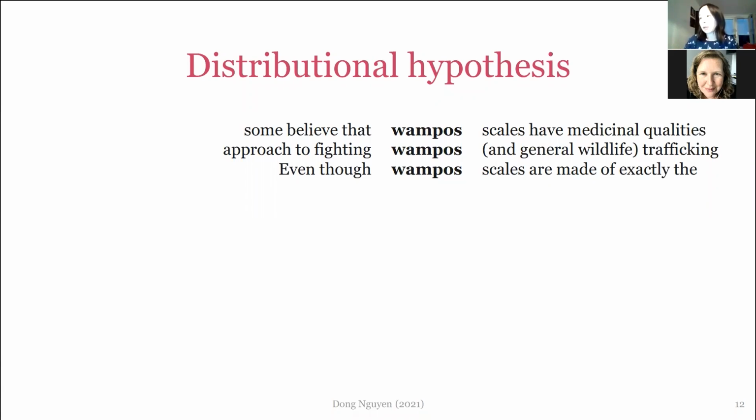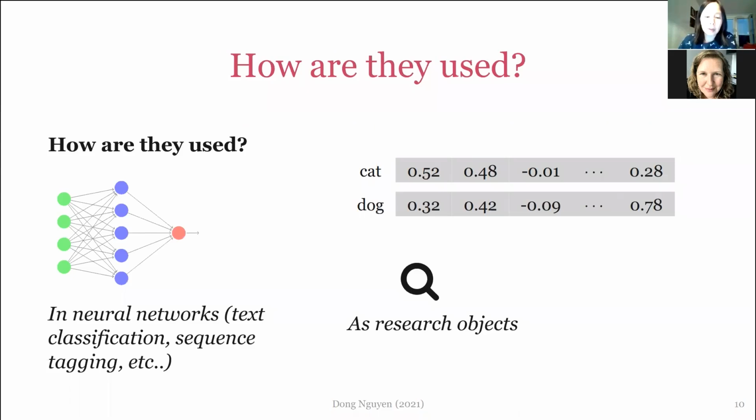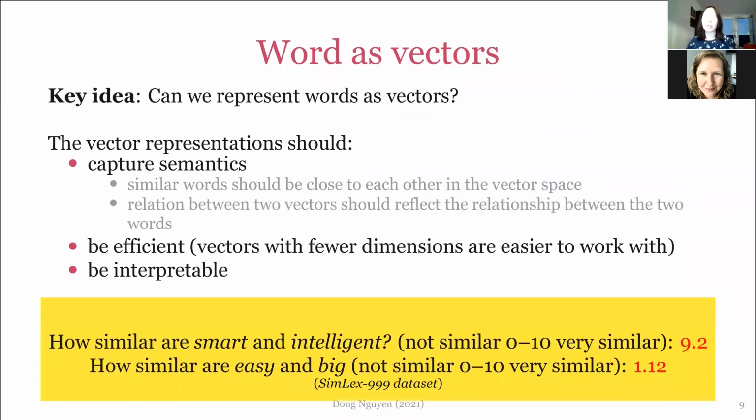So, that's a question. How do we get the point that easy and big are correlated as 1.2? That's a good question. So I probably wasn't super clear. So this was done by just giving these words to people and asking them to rate how similar they are. So 0 was not similar and 10 is very similar. And on average, people gave a 1.12.